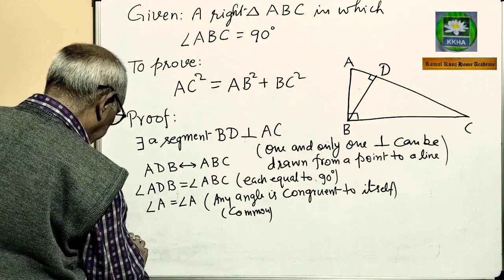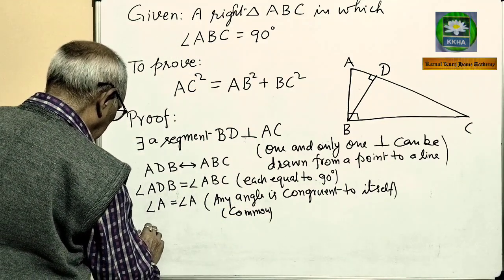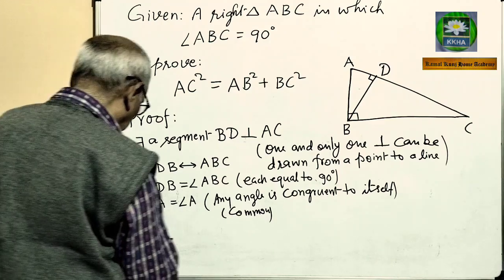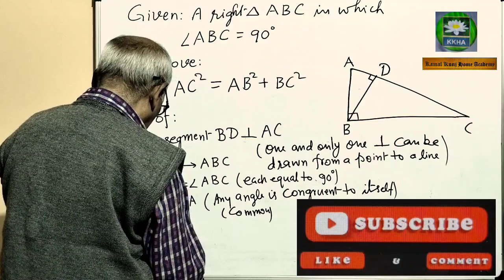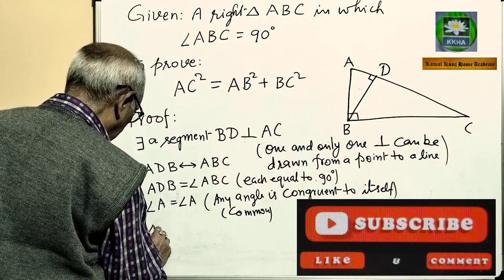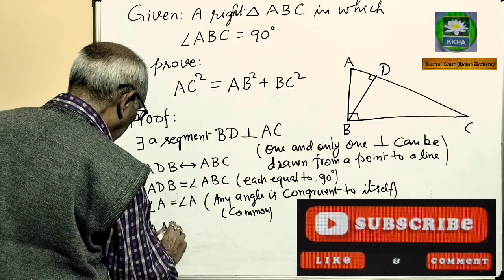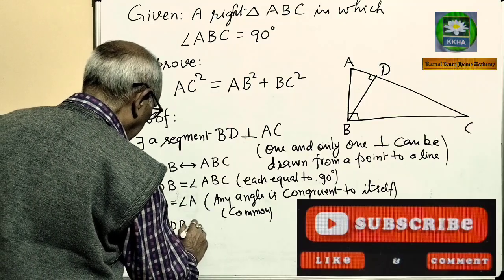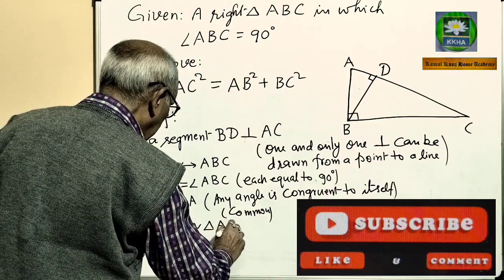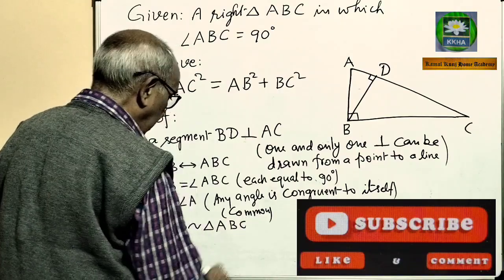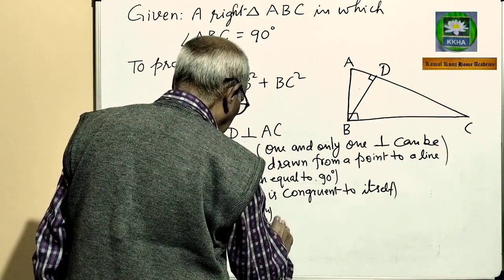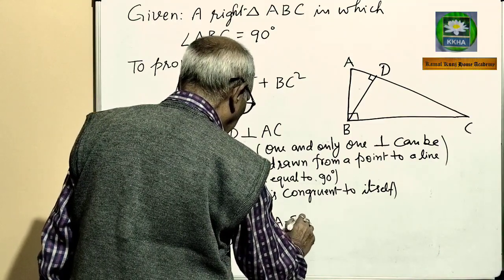Therefore, triangle ADB is similar to triangle ABC. The reason is angle similarity.